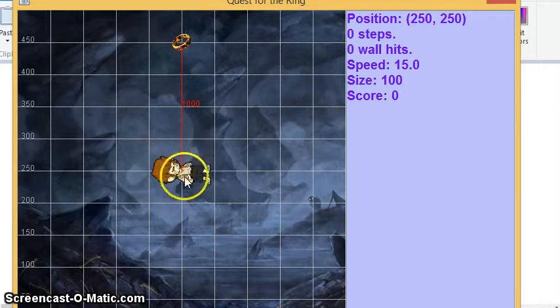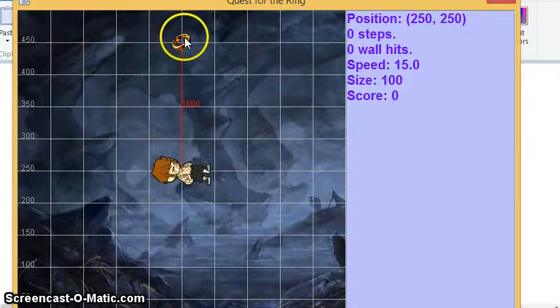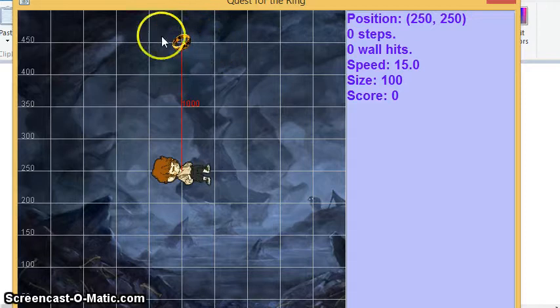So I want Bilbo, hopefully you've already got him in the middle, facing straight north, and then I want the ring right above him. So you want to play with the ring, it is the target, so you want to play with its X and Y. Its direction does not matter because I don't really care which way the ring is looking. I just want it to be right above Bilbo.